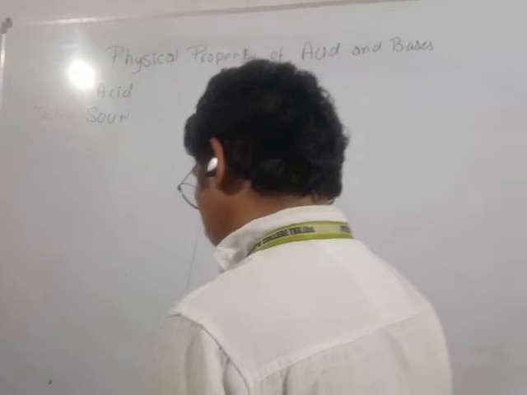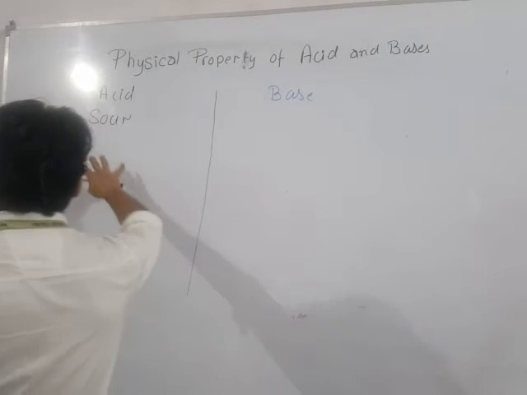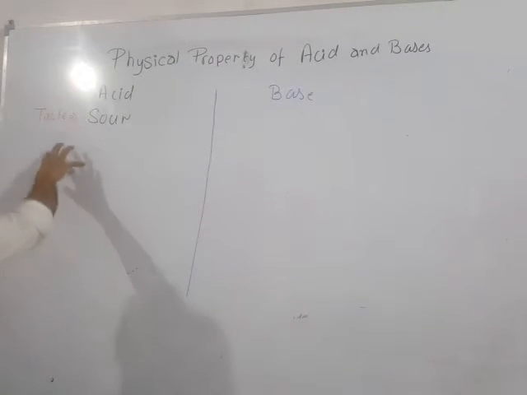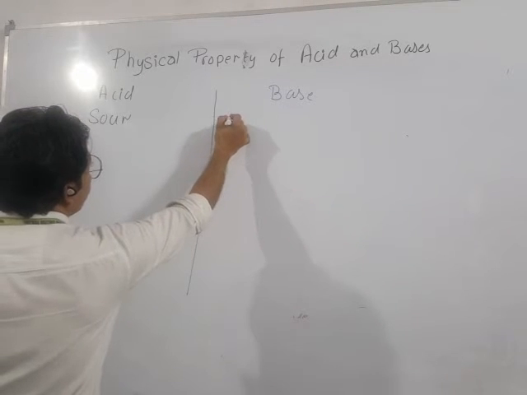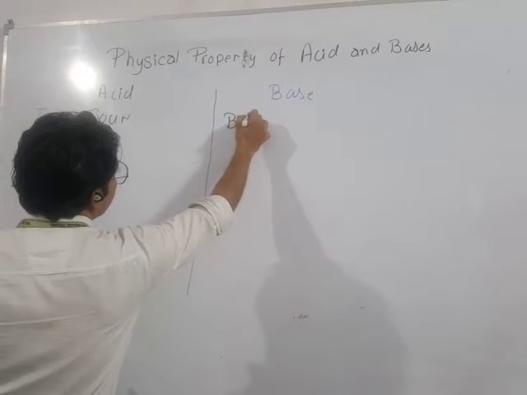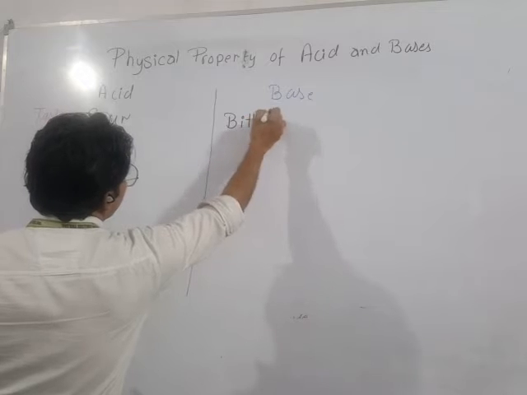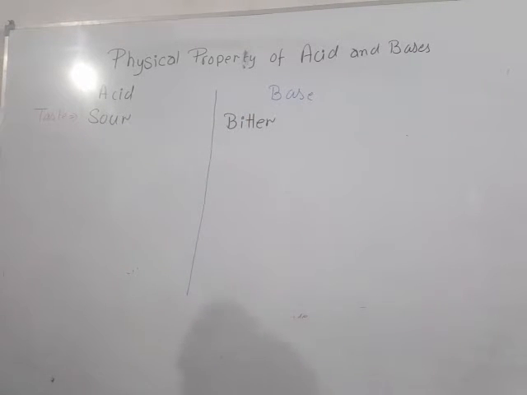Okay. So look here. The taste of acid is what? Sour in taste. And this one is what? Bitter. Clear? Sure? Confirm? Here, example, mineral acid.